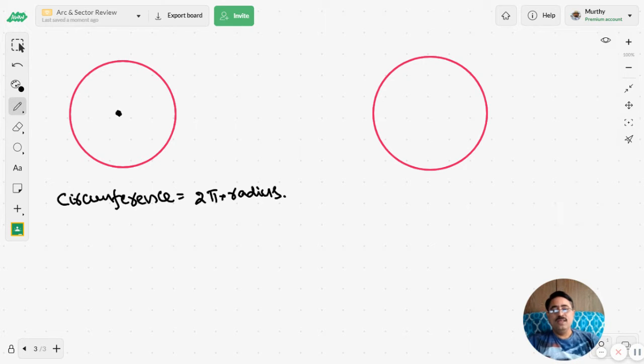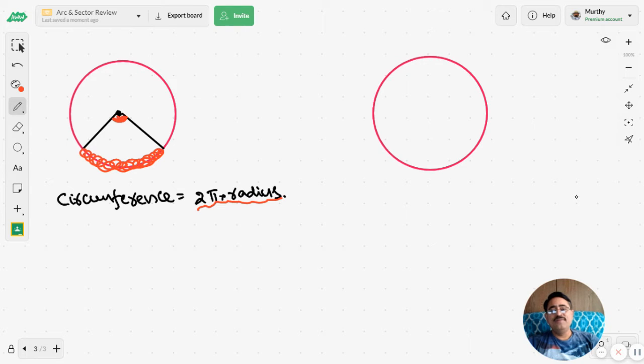Now, if you are taking a part of the boundary line, and if you are taking the whole thing, yes, it is 2 times pi times radius. But if you are taking a part of the boundary line, then you have to look at the central angle.